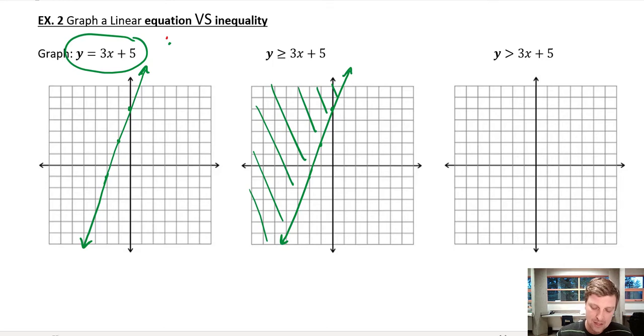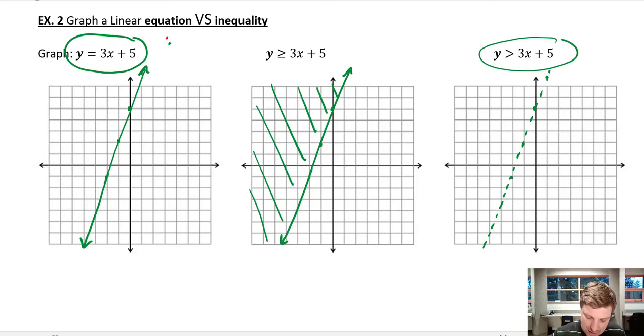The last example here, look at this one. We've got the same graph, but now it's only greater than 3x plus 5. So what that means is it can be greater than that line, but it can't actually be on that line. So it's the same picture. I'm going to start with my same points that I had here. Except to show that it's not actually on the line, I'm going to use a dotted line for my starting point, kind of my first line.